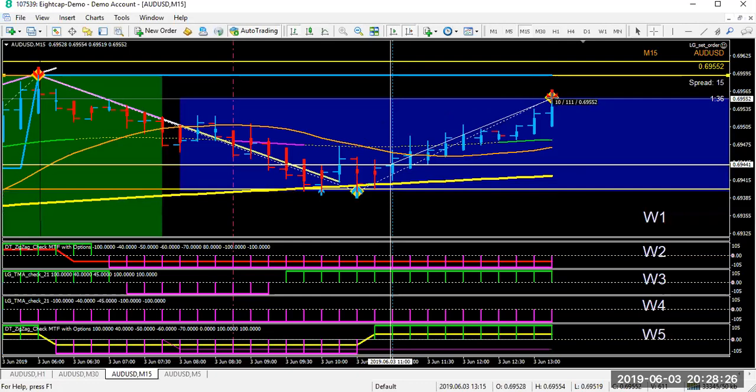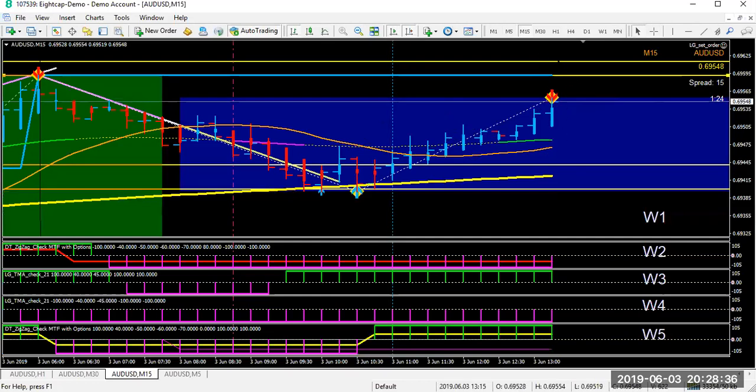Now it's moved to 11.5, so there's another 6 pips there. By tomorrow morning or later on, we might find whether it's moved up to that spot or not.